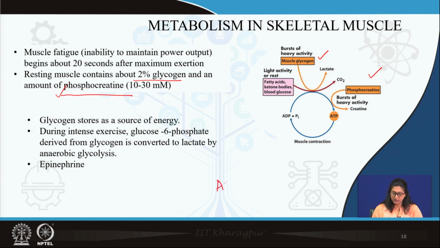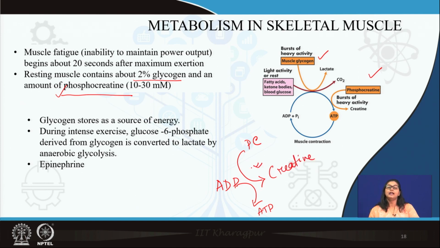When ADP is formed by hydrolysis of ATP, phosphocreatine helps to regenerate this ATP. So ADP forms ATP by phosphate group donation from phosphocreatine, which becomes creatine. So that is the importance of phosphocreatine. It helps in regeneration of ATP.